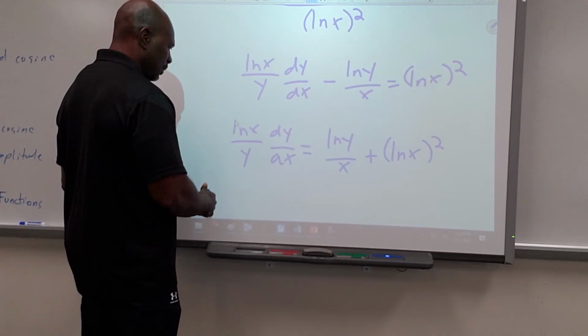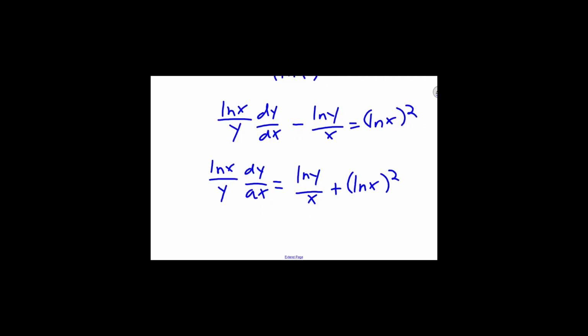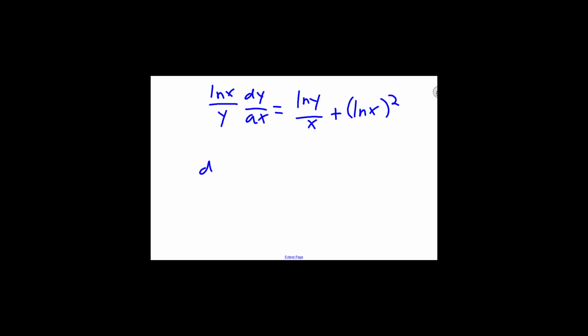And now all we have to do is multiply by y over ln x. So dy by dx is y over ln x times ln y over x plus ln x squared.